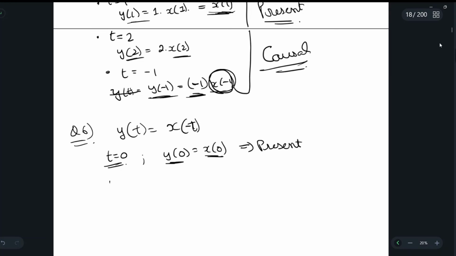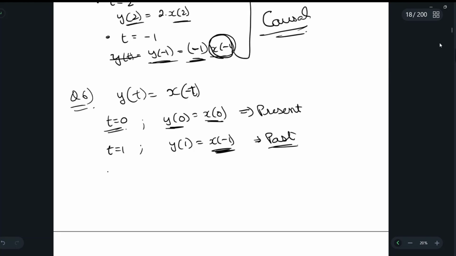Now let us put t is equal to 1. On doing so, you will get y of 1 is equal to x of minus 1. So now the output is dependent on the past value of the input, as we are getting x of minus 1. Now similarly, if we put t is equal to 2, then we will get y of 2 is equal to x of minus 2.